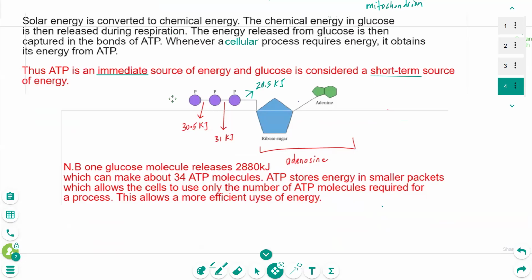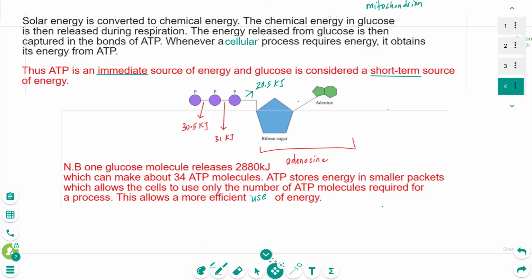By storing the energy in ATP, the cell has a more efficient use of energy, because a lot of the processes do not require thousands of kilojoules. They require like 10 or 20, 30 or 200. The cell can just calculate how many ATP molecules it needs to meet that specific process's need, and so it doesn't waste energy.